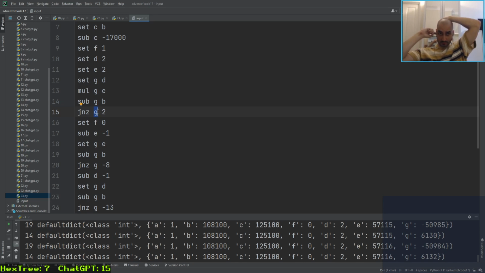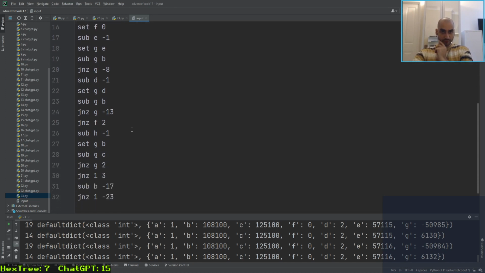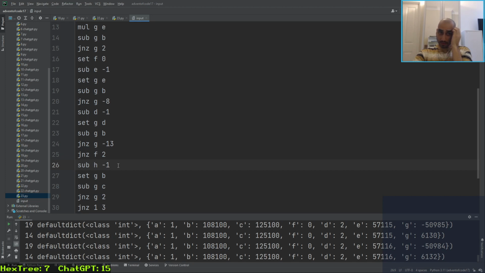For g to be 0 here, let me think this through. So we can reverse engineer what h is going to end up as. Yeah, that's reasonable.